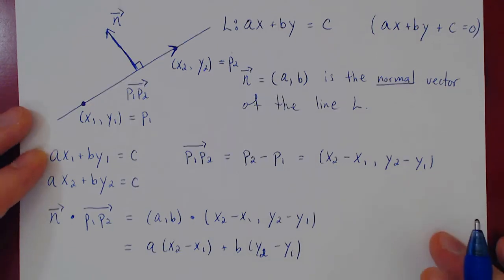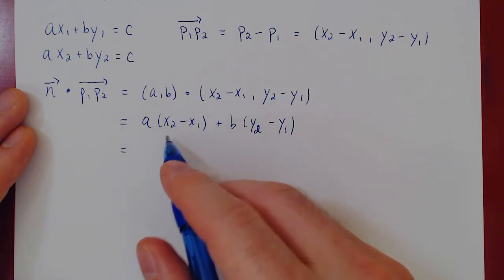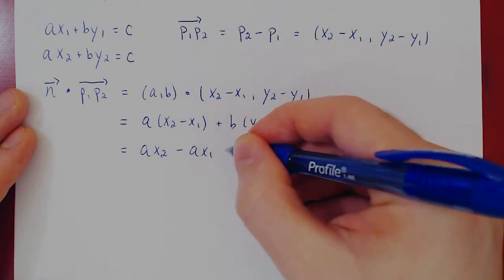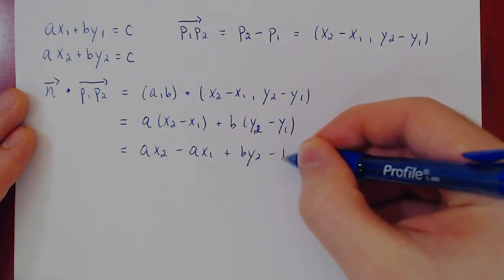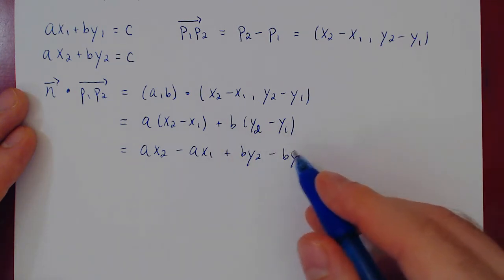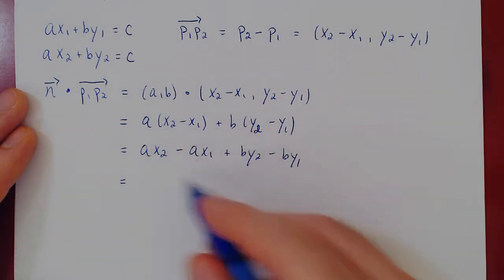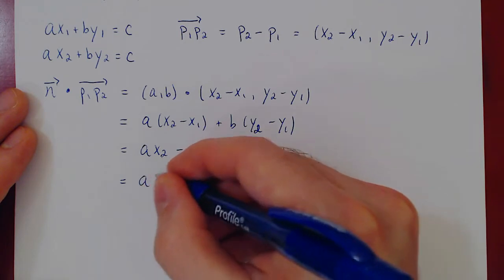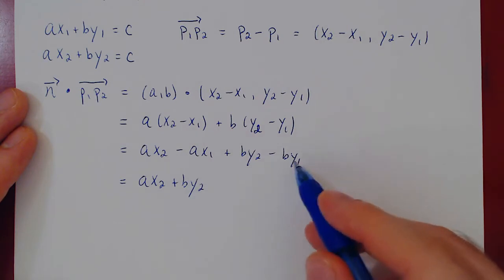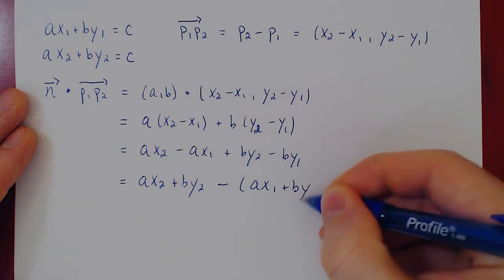We can distribute and see what comes out of this. We'll have a x2 minus a x1 plus b y2 minus b y1. Let's combine the values x1 with y1 and x2 with y2. So we'll have a x2 plus b y2, and with x1 and y1, let's factor out a negative: minus (a x1 plus b y1).